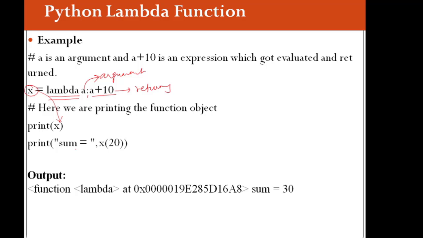Print sum equal to, you are calling this anonymous function x and passing this a over here. First you are printing x, so it is saying that it is a function lambda, and when you try to print the value for sum, it has called this anonymous function x, passing this 20 to a. It has calculated 20 plus 30 and returned back 30.